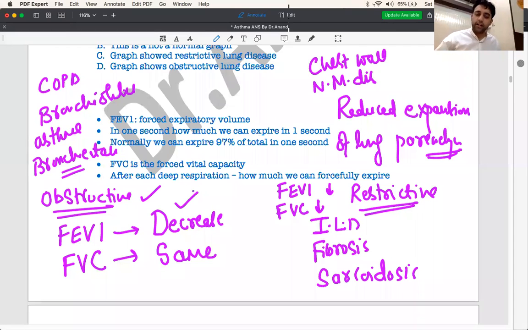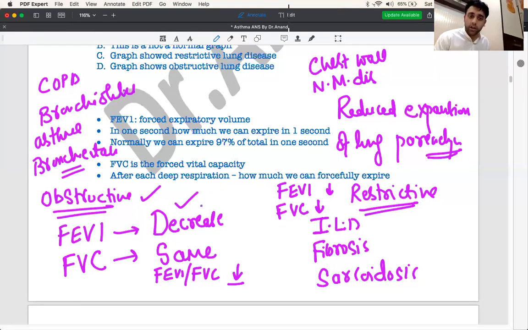So in obstructive lung disease, remember, the FEV1 upon FVC ratio decreases, because if the numerator decreases, the ratio automatically decreases. And remember, the lung capacity is not affected in obstructive lung disease, whereas in restrictive lung disease, there's a problem in the expansion of the lung parenchyma, for example fibrosis, sarcoidosis, and all those things.